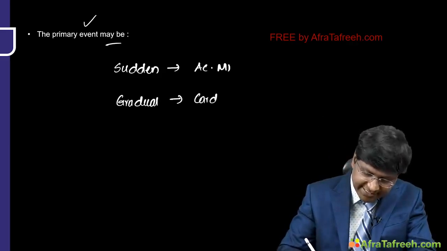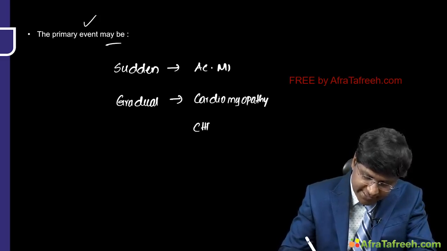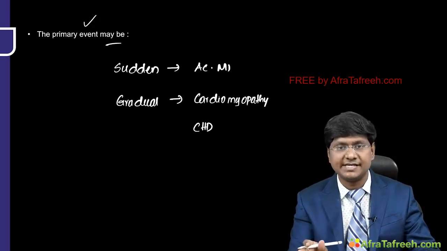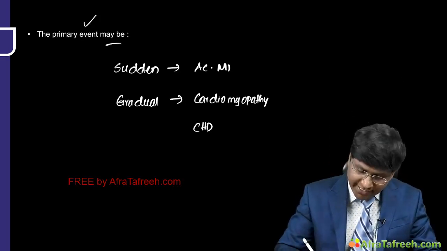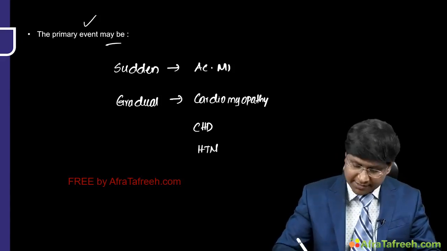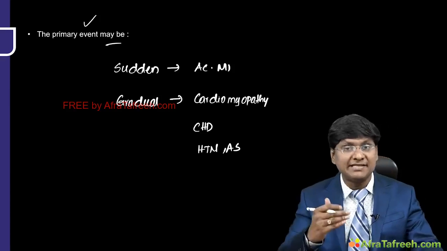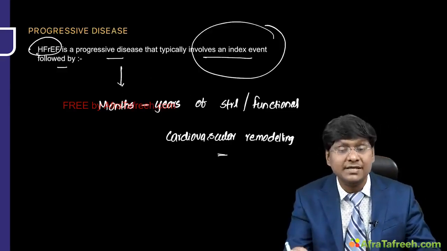In patients with cardiomyopathies, or congenital heart diseases, or pressure overload conditions like hypertension or aortic stenosis. So the primary event might be either acute or gradual in onset, right?